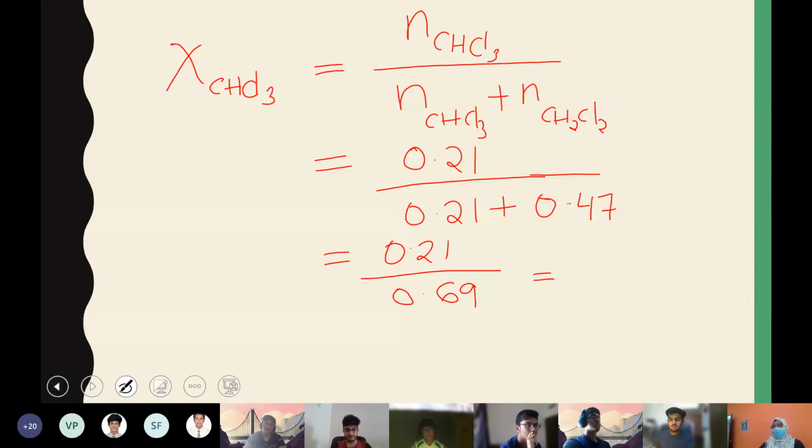I wrote it wrong here, sorry, it will be 0.68. So what will be the mole fraction for chloroform? Solving 0.21 divided by 0.68, you will get the answer, 0.3.